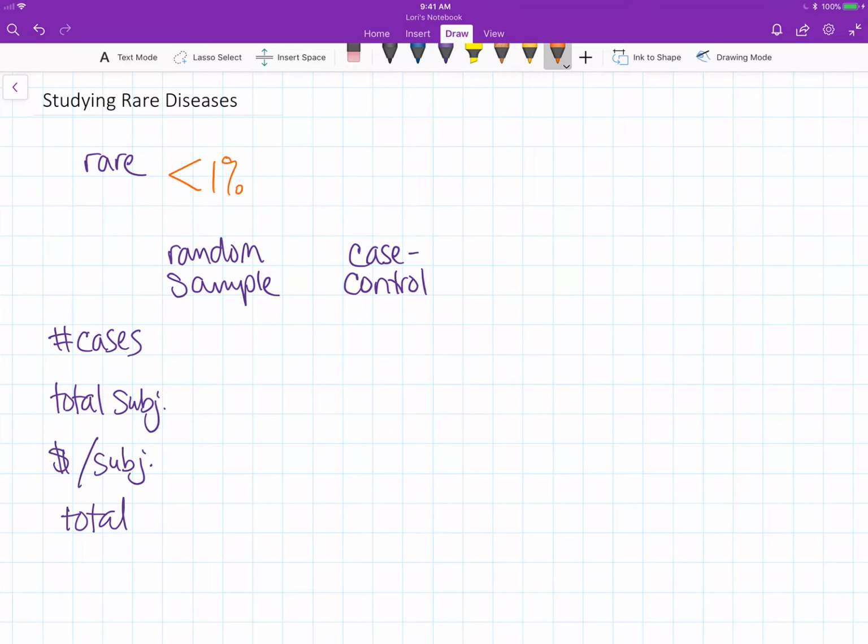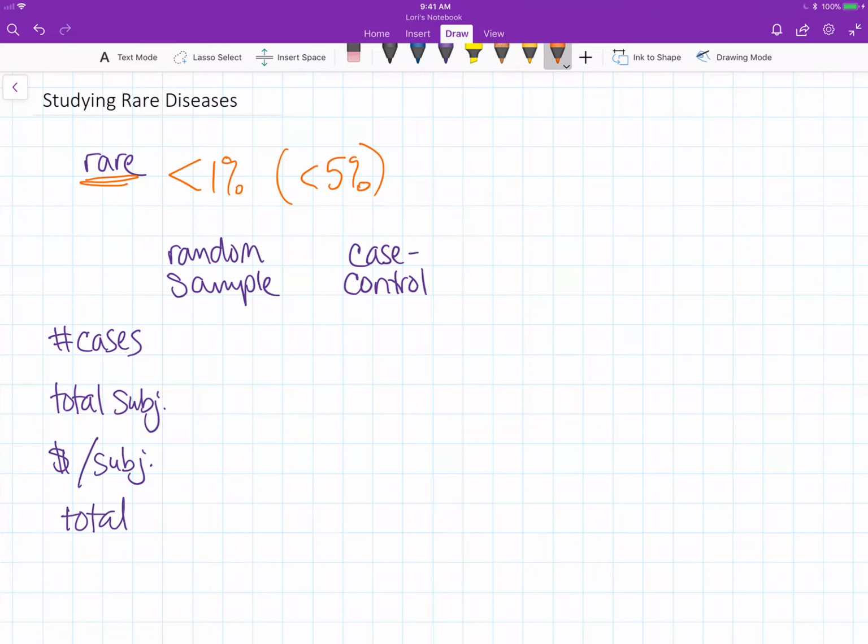You can probably get away with if it's less than 5% still. That's kind of like an in-between zone. But if a disease is more than 5% of the population, then we would not consider that to be a rare disease. So the things that we're talking about in this video and some of the future ones would not apply to those diseases.